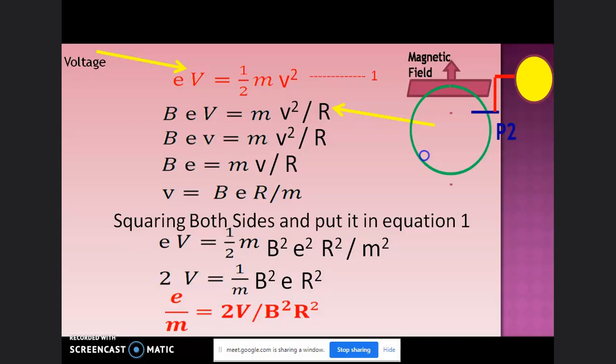If we solve this for e by m, e by m is equal to 2V divided by B square r square. So this is the formula we observed.